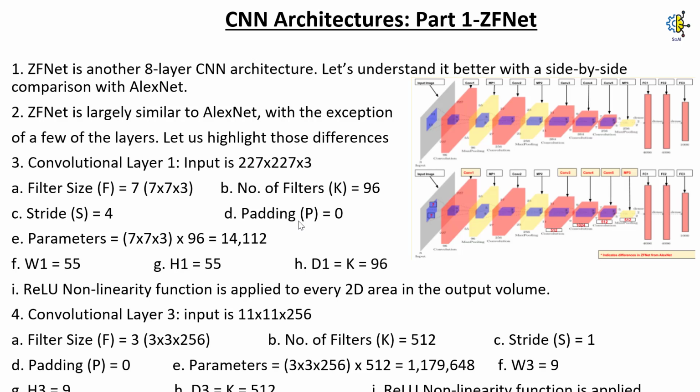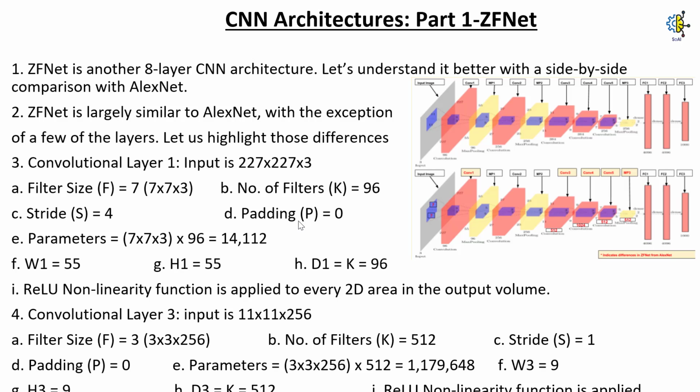ReLU nonlinearity function is applied to every two-dimensional area in the output volume. Convolutional layer 3 input is 11 cross 11 cross 256. Filter size 3 and number of filters 512 with stride 1, padding 0 and the parameters are 11,79,648.